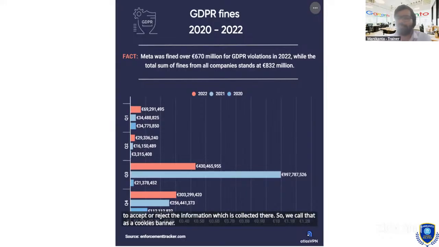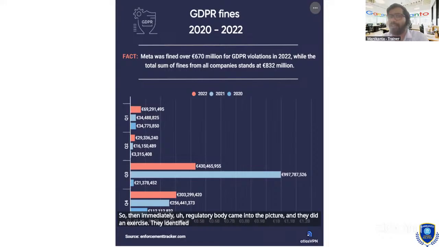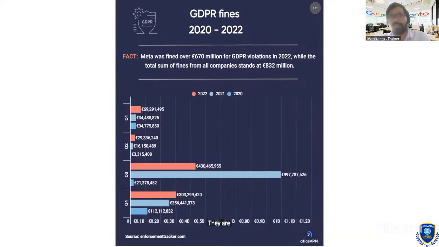You'll see a small banner below the website. If they fail to give that option, that's it. They missed that option because they didn't have the technology in place. Then a regulatory body immediately came into the picture and did an exercise. They identified that they were not giving data subjects the option to opt out, so they put a fine of 150 million.